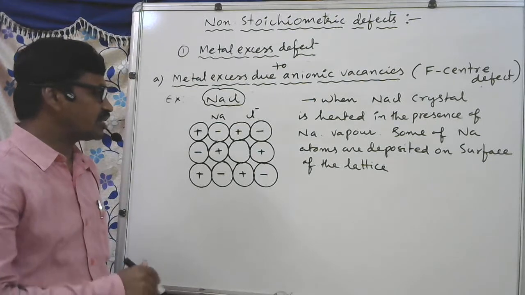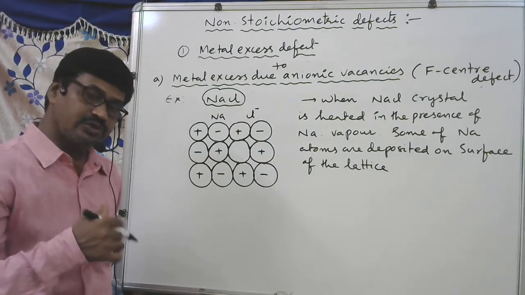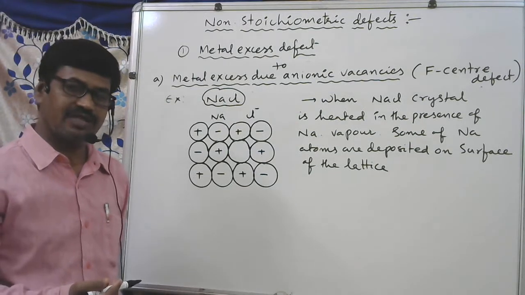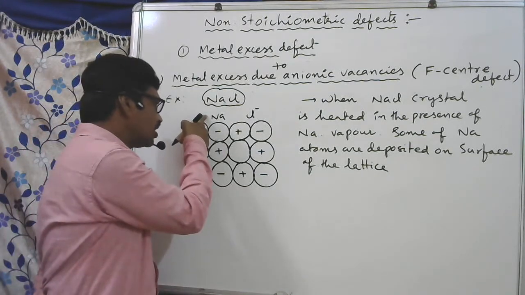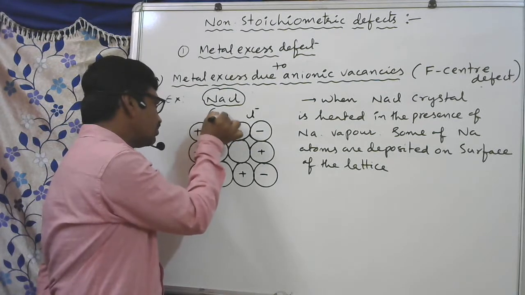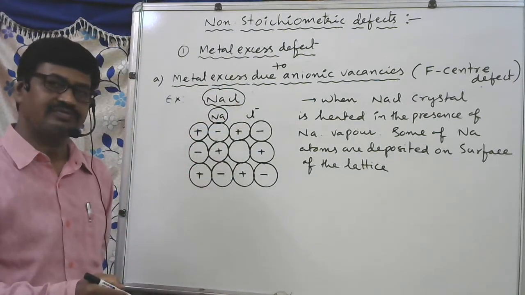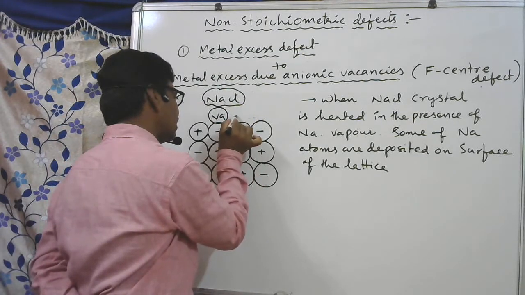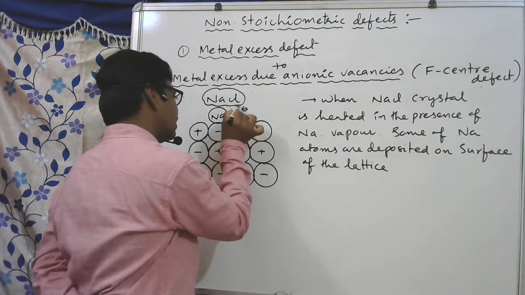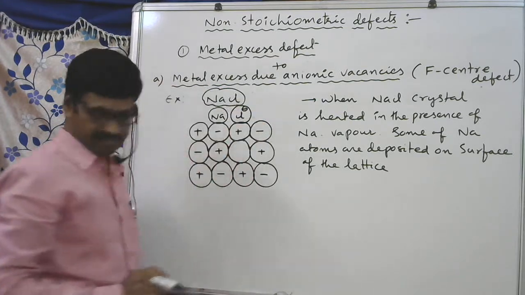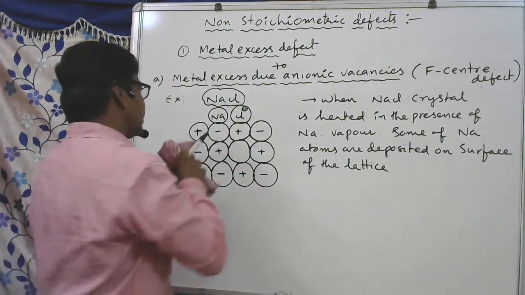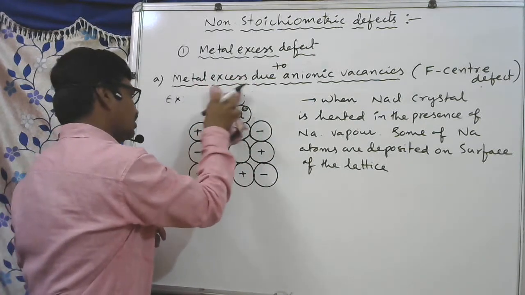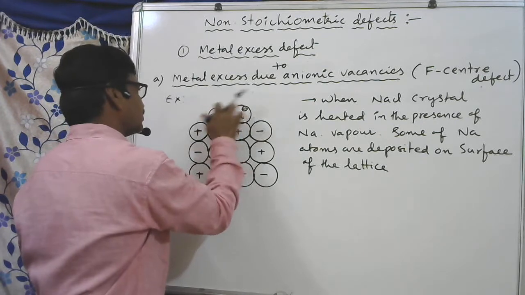So now, to get one more sodium chloride ionic unit, otherwise formula unit, it must lose an electron. This sodium is there, no? This sodium must lose an electron. This sodium here, this is Cl minus now. This is Cl minus. This is Cl minus. Wait a minute. Here, clearing this sodium chloride.